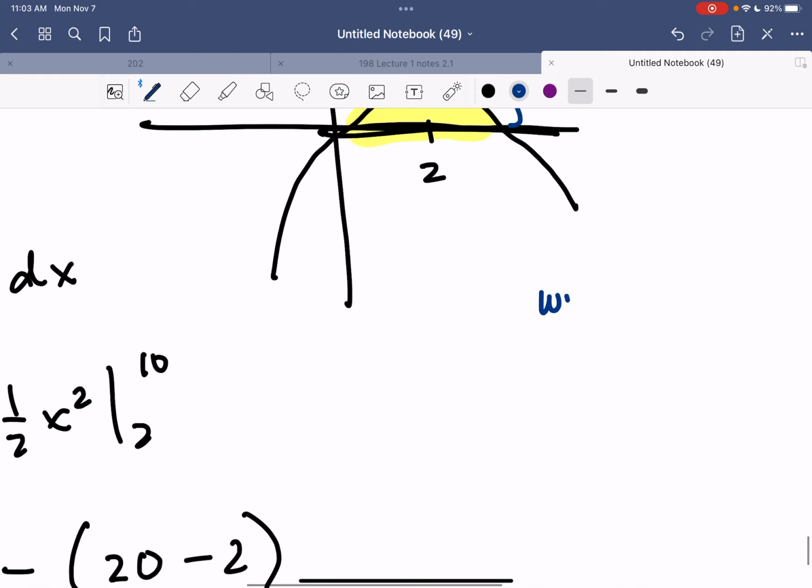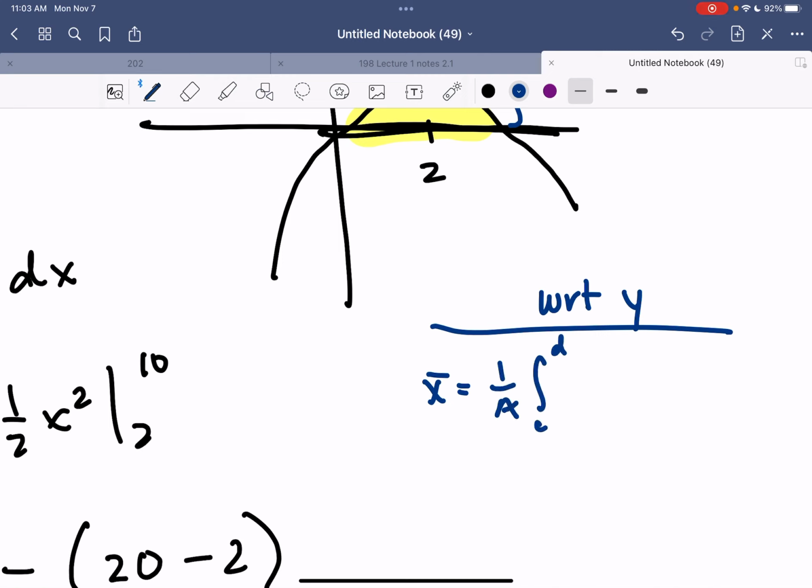So with respect to y, you're going to have that your x bar is now going to look like y bar. So it's going to be 1 over the area, integral from c to d, because now we're in terms of y, of 1/2 of your function squared dy.